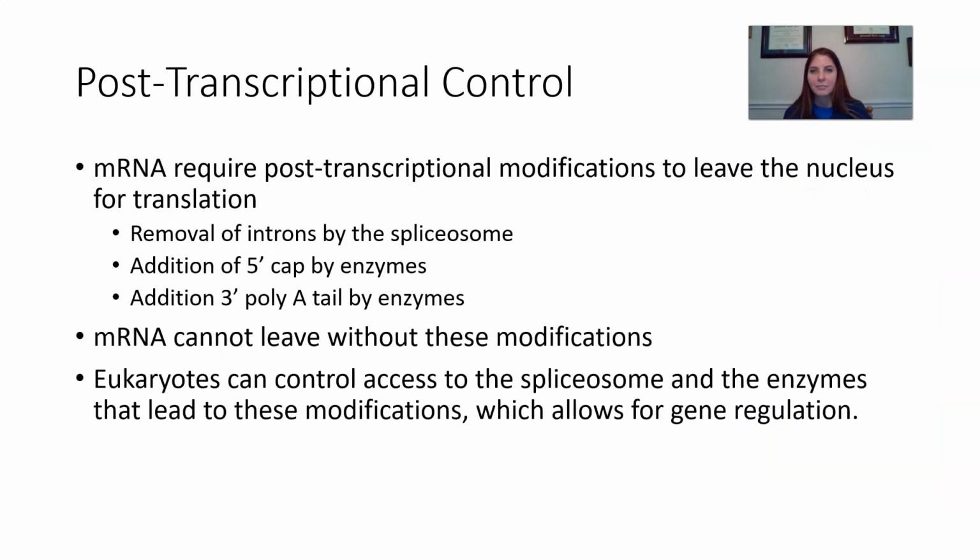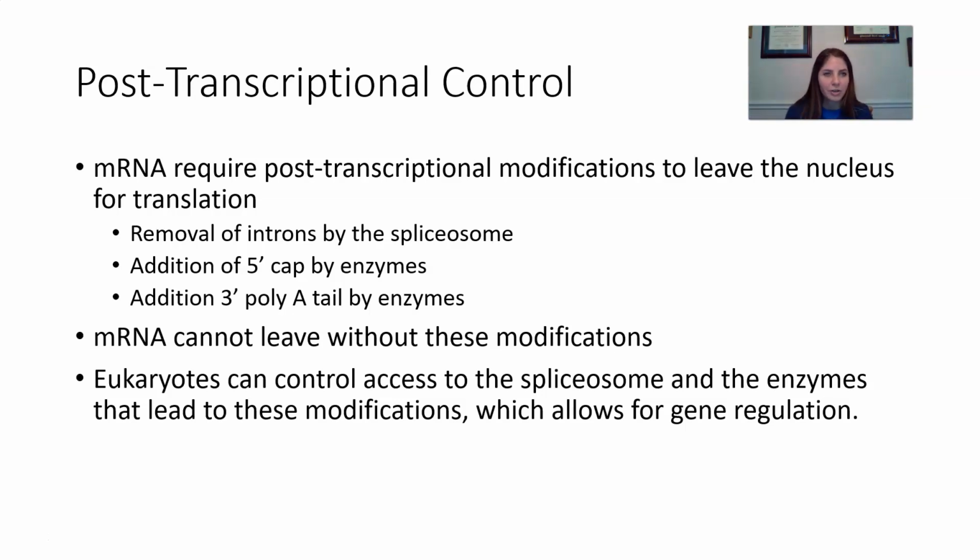In post-transcriptional control, meaning after transcription has occurred, messenger RNA requires post-transcriptional modifications to leave the nucleus for translation. We have to remove the introns and this happens at the spliceosome. Remember, introns remain inside the cell. The spliceosome splices the introns and exons together. The exons get to exit the nucleus and actually be upregulated when they get to that ribosome.